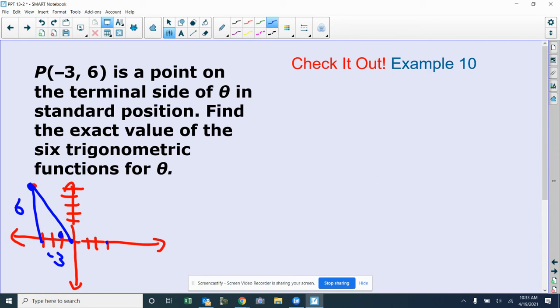So it ends up being some things you have to rationalize. Anybody getting me a number? It'd be the square root of 45, right? So square root of 45 does simplify. It is 9 times 5, so it's 3 radical 5. Okay, now try to find your sine, cosine, tangent.